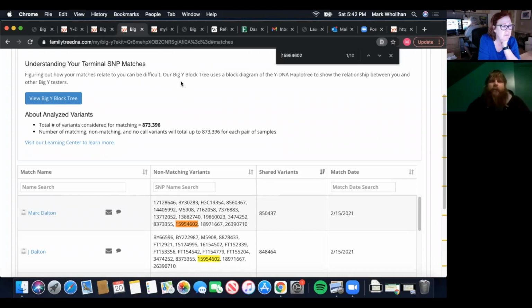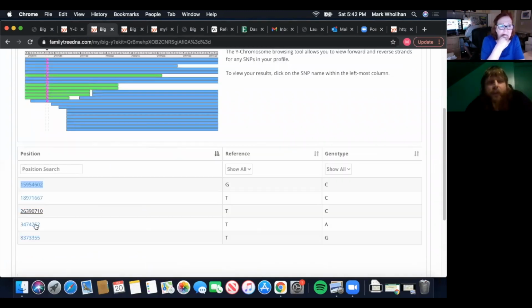All right, so let me try this again. I understand that these are unique. Let's say this is your grandpa, this is your great grandpa, your great great grandpa, your great great great, your great great great great. So this is your four times great grandpa.